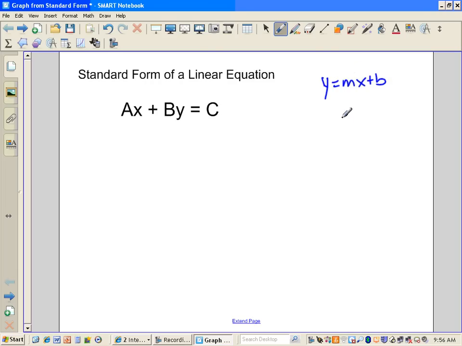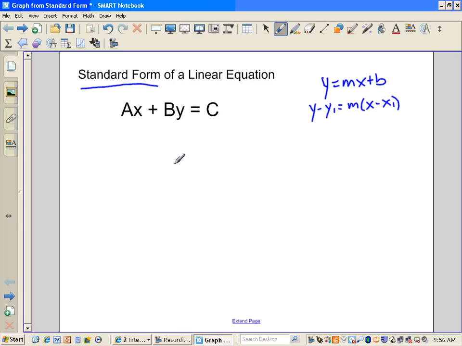And we've become familiar with the point slope form. That's the y minus y1 equals m times x minus x1 form, which has the slope and a point, x and y. Okay. Well, what we have here is the standard form.